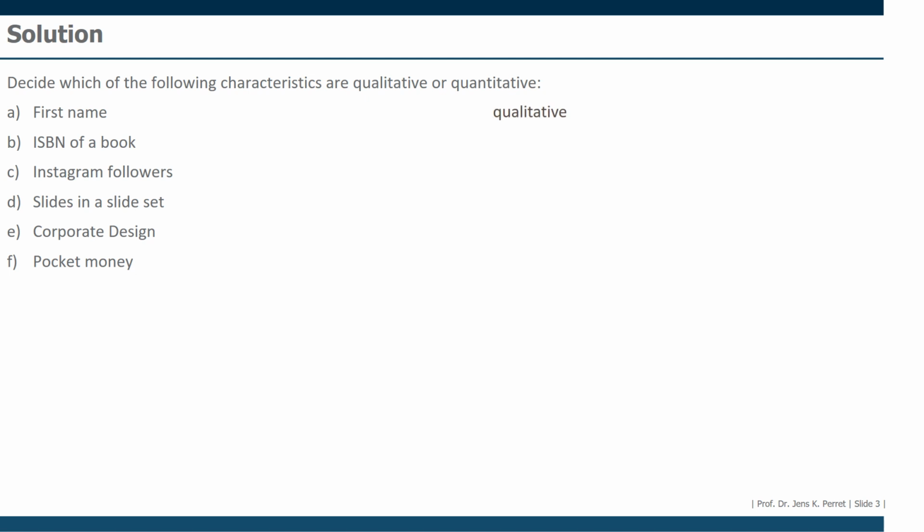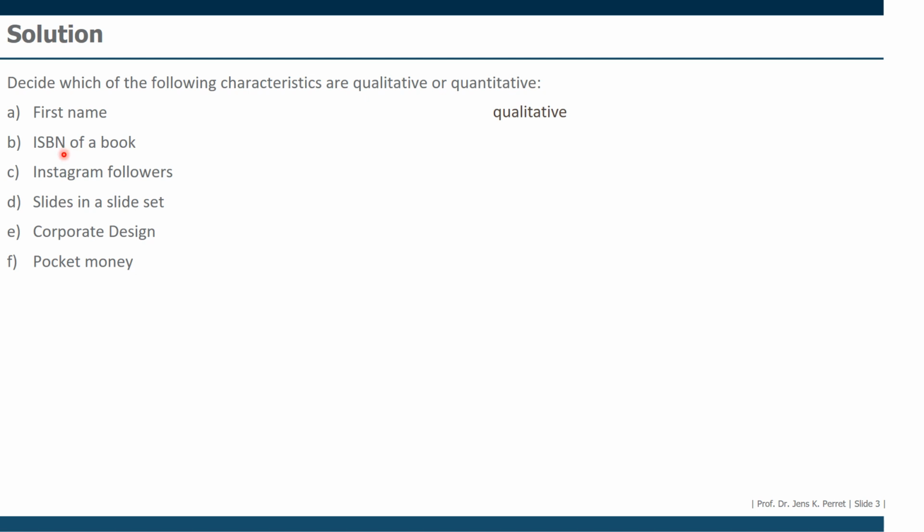The international standard book number in part B, well, it already contains the term number inside. This actually is a number, well, except maybe for the last character, but this usually is a number, and I can put this ISBN into a specific algorithm and it tells me whether this ISBN checks out.